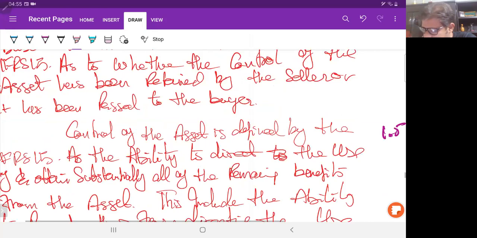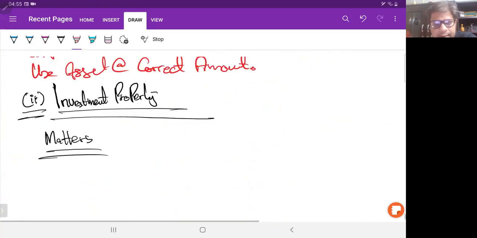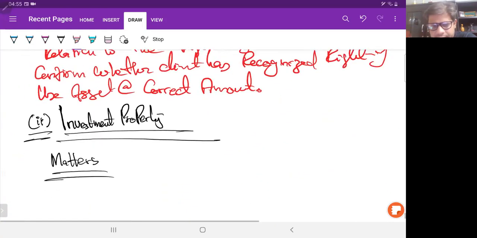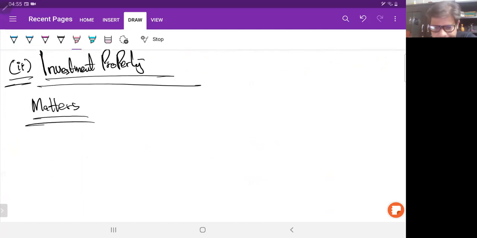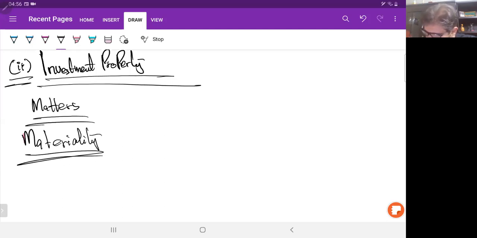My heading: investment property, and firstly we will look at the materiality. First we will compute the materiality, 1.5 marks for the materiality.